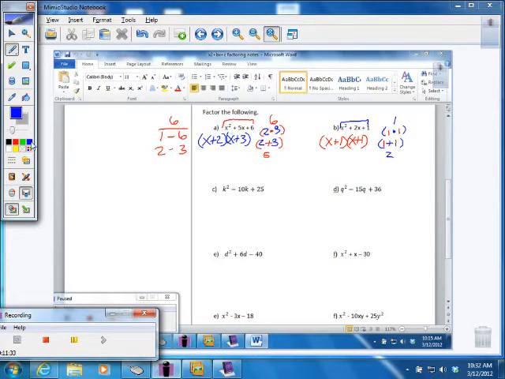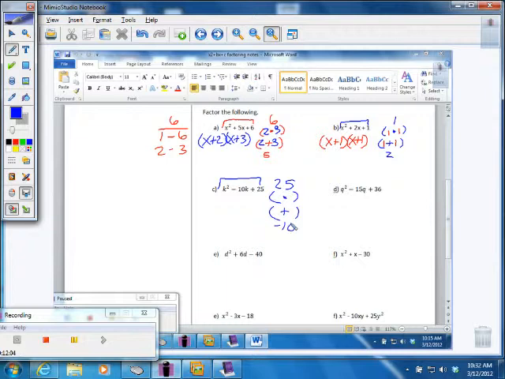Let's take a look. Again, every single time, there should be no question about what I do when I stand in this place. Every single time, my first step with a trinomial is what? First times the last, add to the middle. So I'm going to take 1 times 25. I need two numbers that multiply to give me 25, add to give me negative 10.